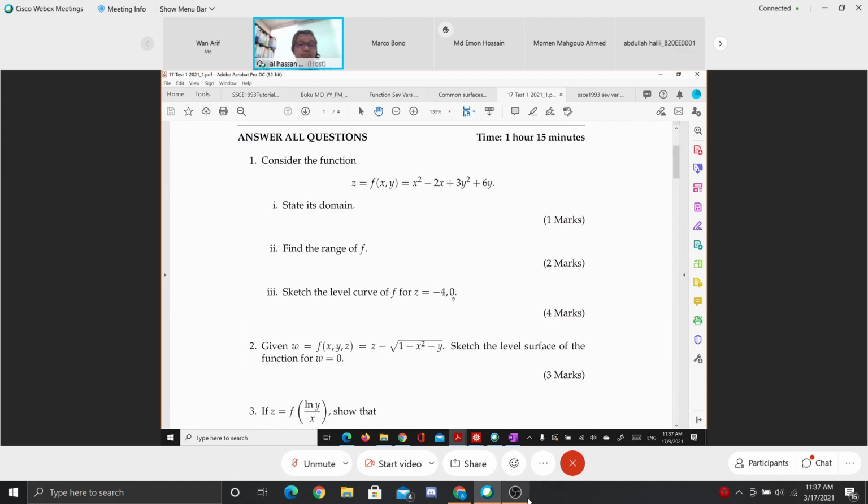The values of k are given specifically here. All right. We discussed this problem yesterday, right? We solved part 1 and part 2. So let's try part 3 now. Sketch the level curve. Let me copy this.